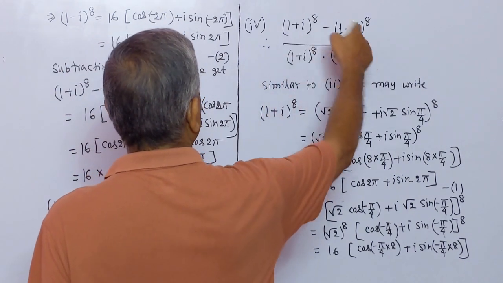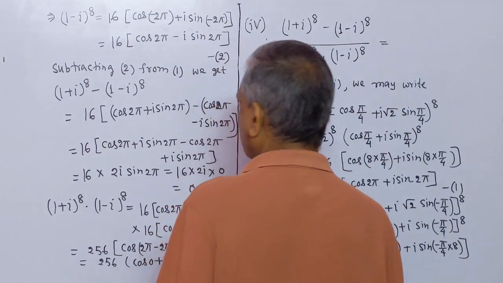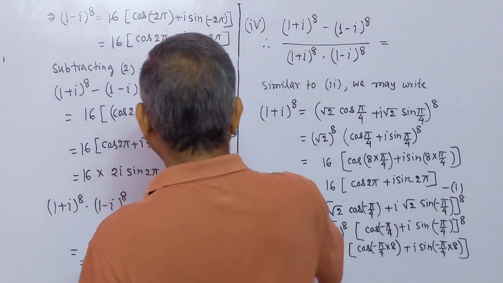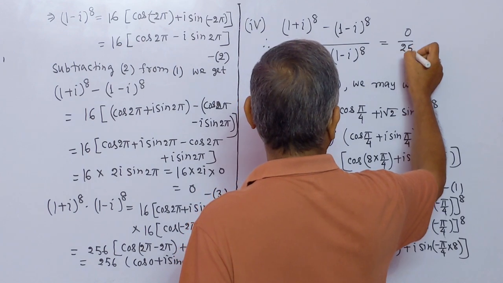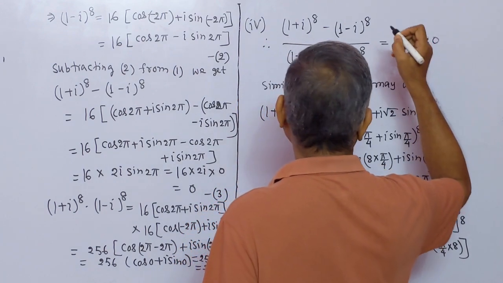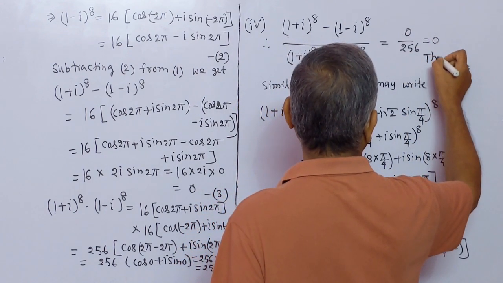Therefore the result is 0 by 256 equal to 0. This is the required result.